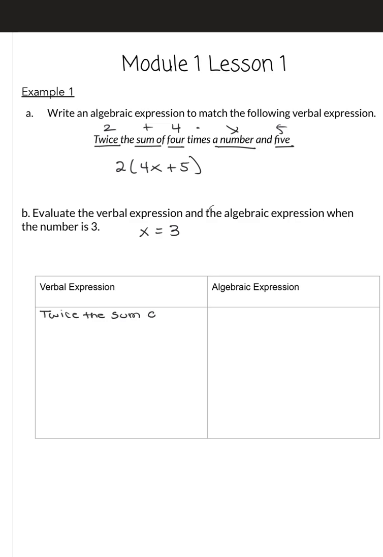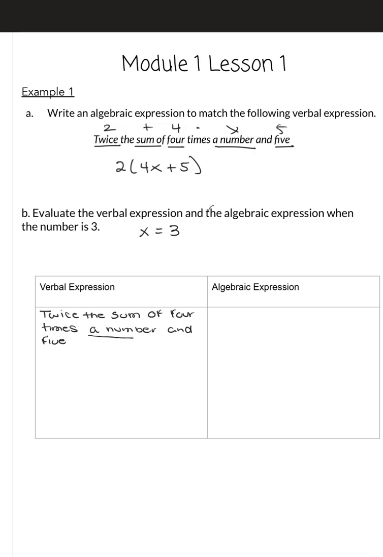of 4 times a number and 5. So here they want us to evaluate the expression based on the verbal expression. So the verbal expression says twice the sum of 4 times a number.